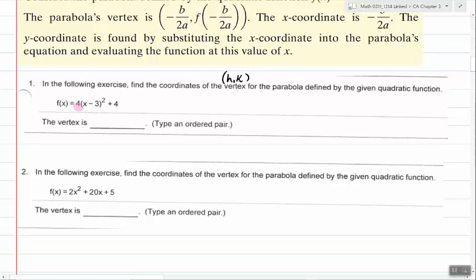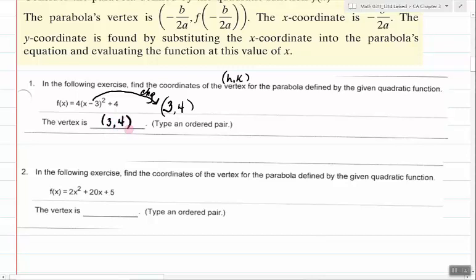All that tells me is that it opens up. Times (x minus 3) squared plus 4. You will take that minus 3, change its sign, and it will become 3. This is the k value, no change, so the ordered pair of the vertex is 3, 4.